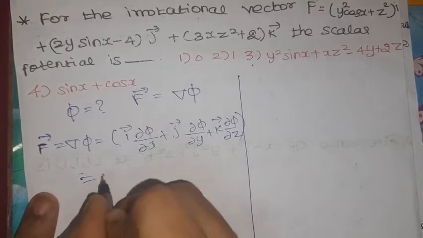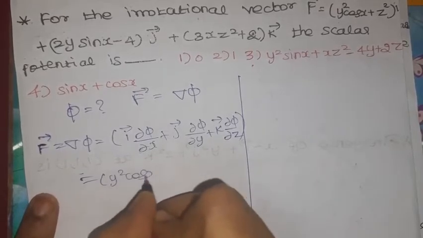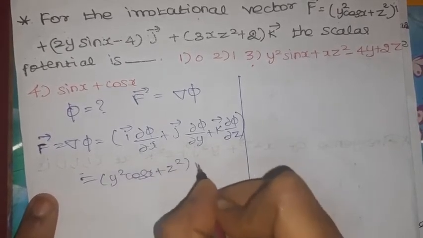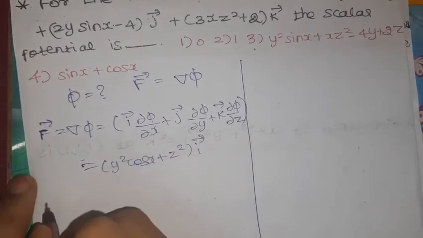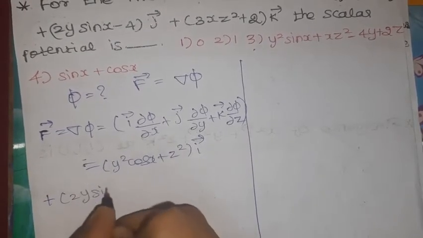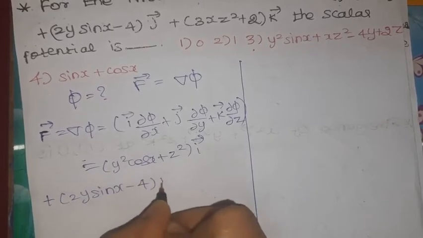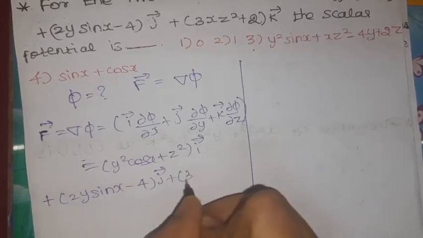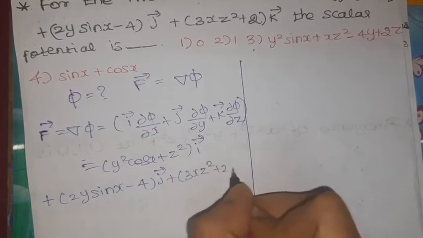Just substitute here: y squared cos x plus z squared into i, then 2y sin x minus 4 into j, plus 3x z squared plus 2 into k.